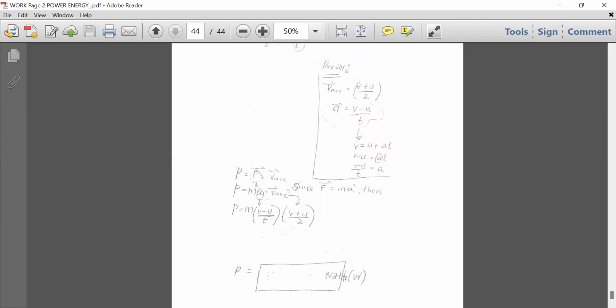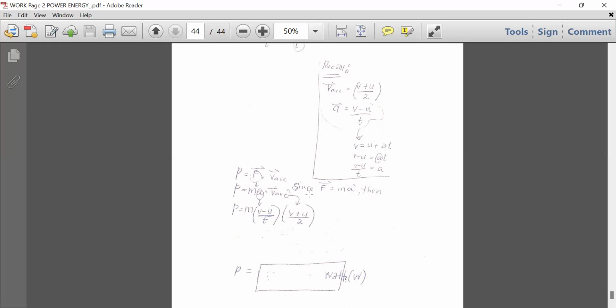So substitute mass times acceleration for F, and then multiply MA by the average velocity of the truck. Remember that average velocity is V plus U divided by 2. You add the initial and the final velocity and divide by 2 and you get the average velocity.